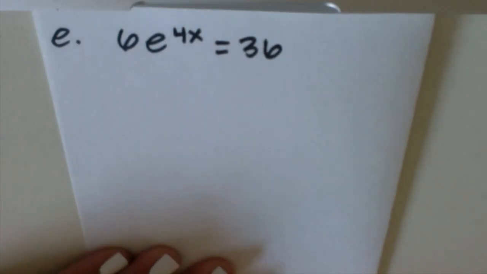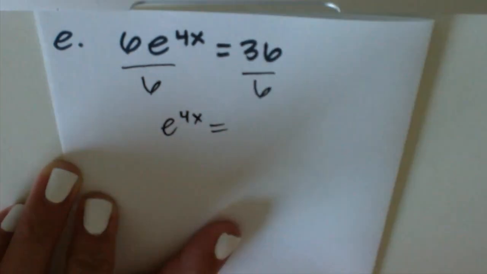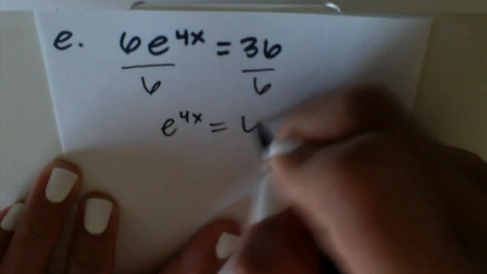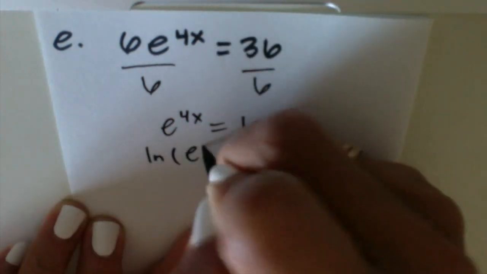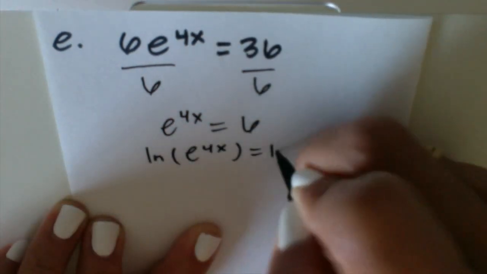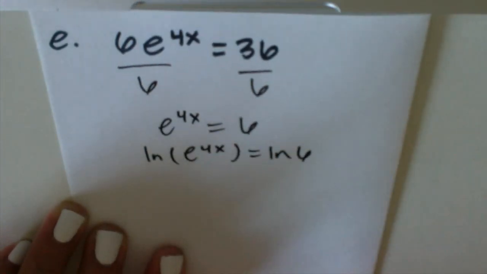This example says 6e to the 4x equals 36. So the first thing we're going to do is divide both sides by 6. So you get e to the 4x equals 6. Now we'll take the natural log of both sides. At this point, you can bring the 4x out to the front.